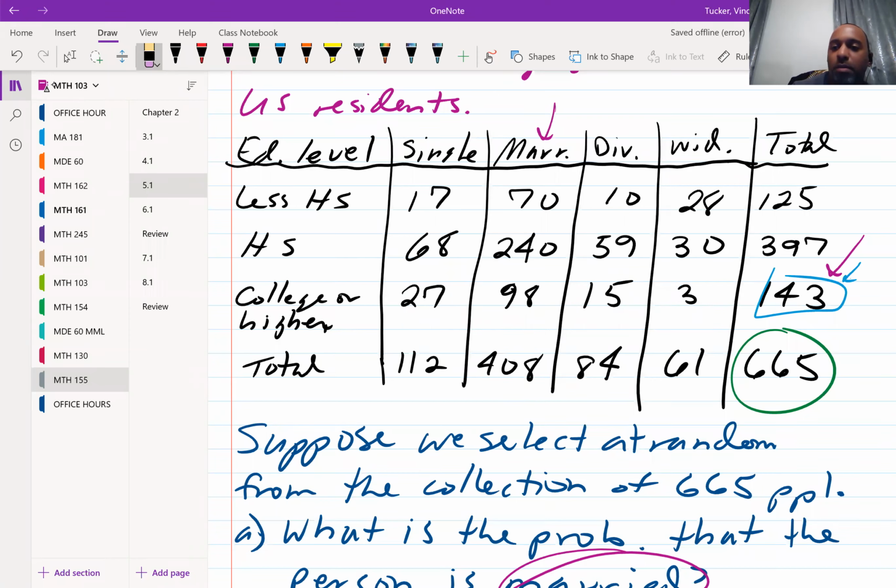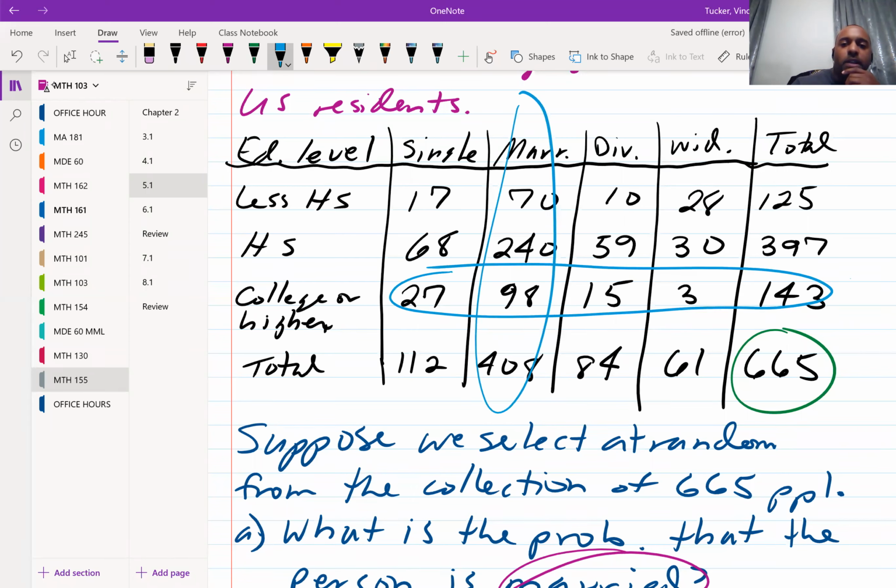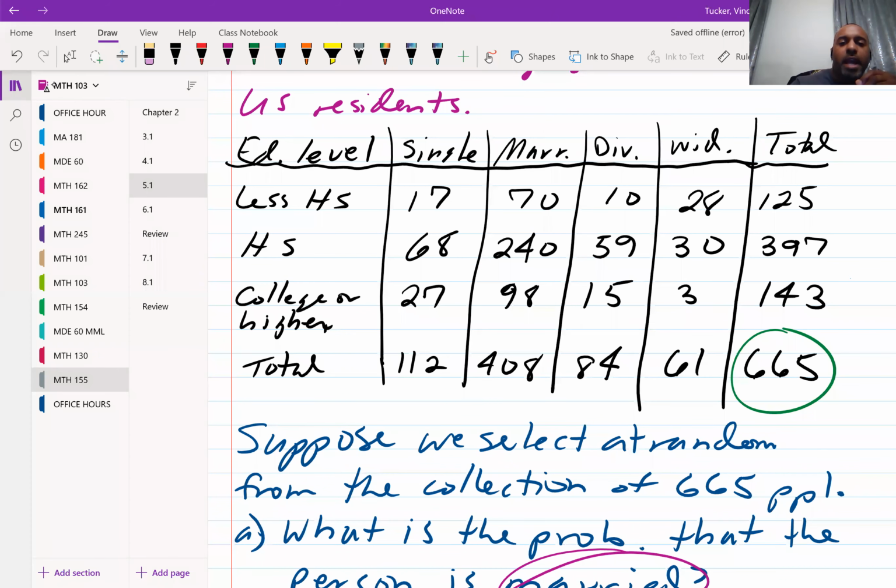All right. So we're talking about the probability of getting someone, or the number of people that are married or have a college degree. So you're talking about this row right here and this column right here. Now in the last one that we had, we just added the totals because they didn't have anything in common. Like we said, by old school standards, you're either single or married.